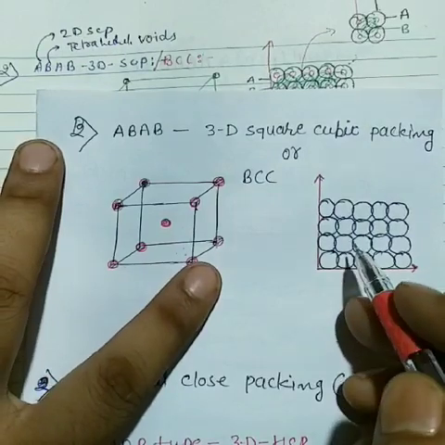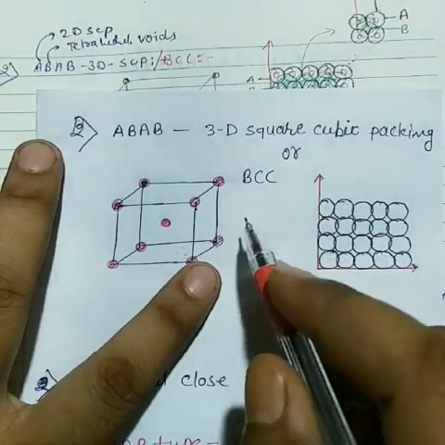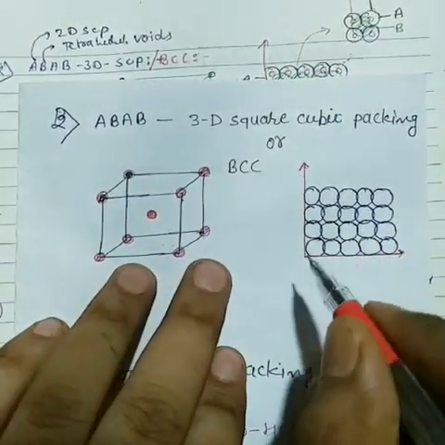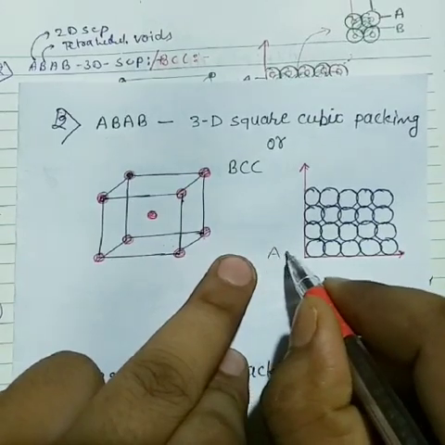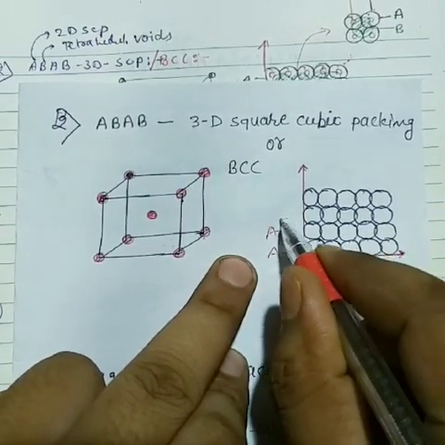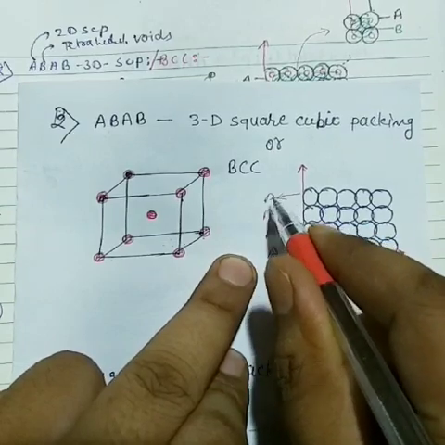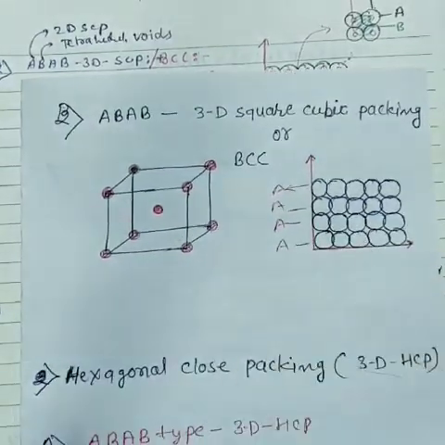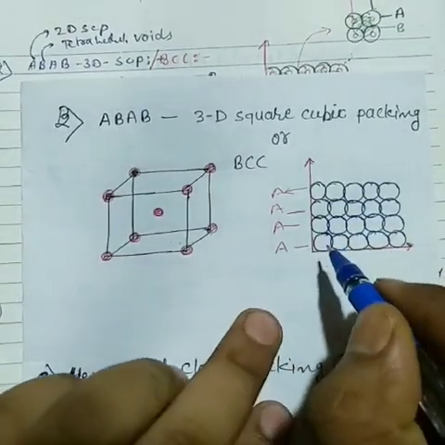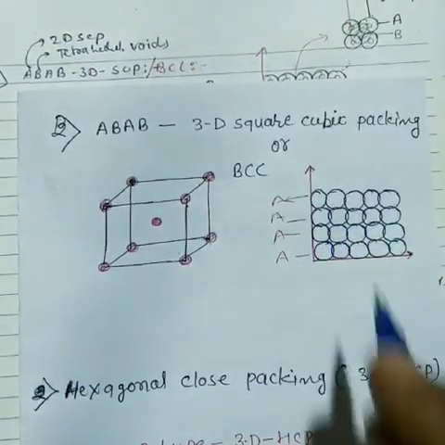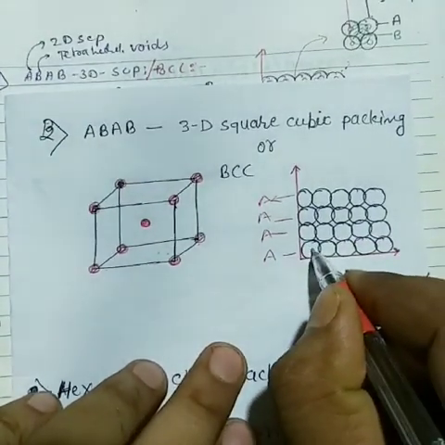Now see here, students, we cannot draw a 3D structure on paper. So now I am drawing here, and all kinds of atoms I draw here as A. Now another kind, what you have to do, students, is draw the above. Now I am doing it here in a different color.